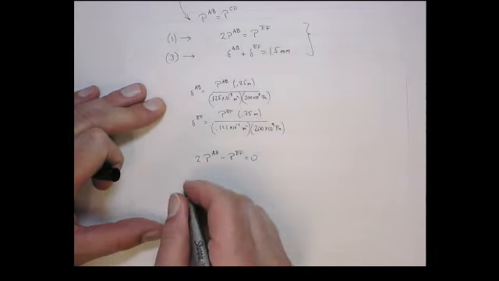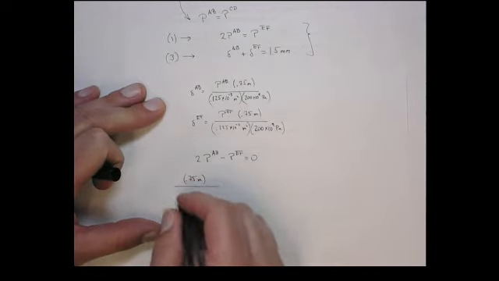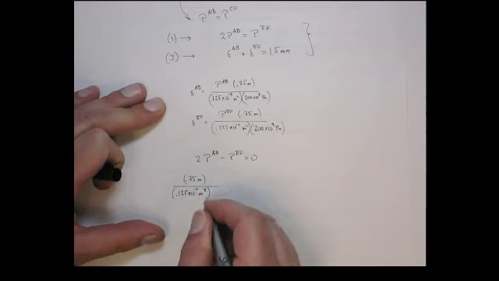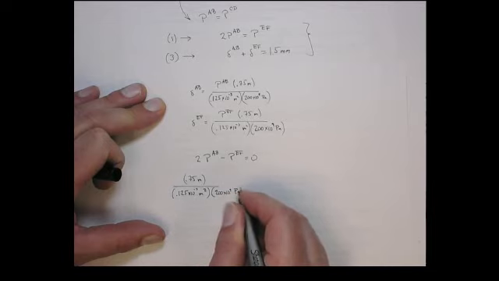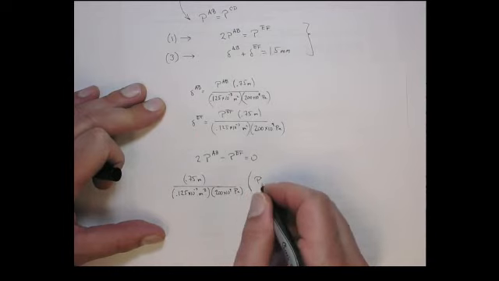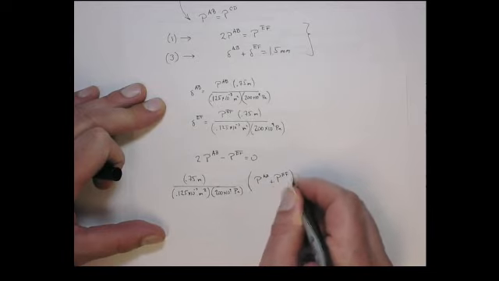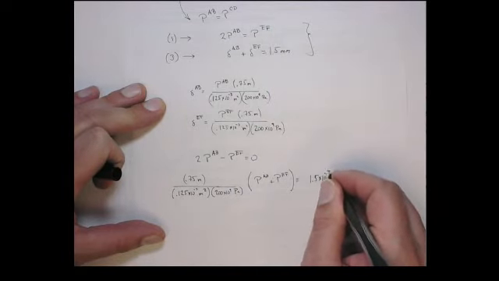So I've got 0.75 meters over 0.125 times 10 to the minus third meters squared, 200 times 10 to the ninth pascals, times PAB plus PEF equals 1.5 millimeters, which is 1.5 times 10 to the minus third meters.